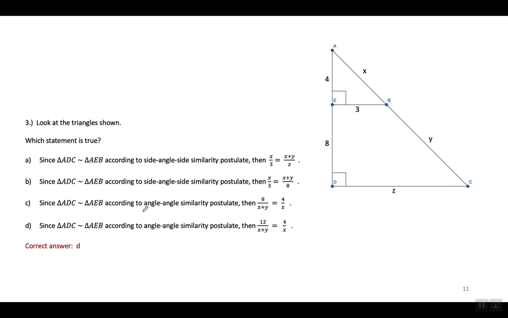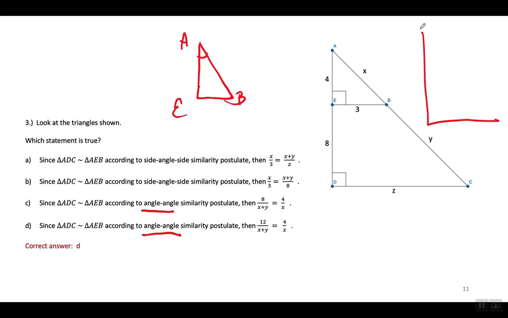So the correct answer is one of the bottom two. Well, we already know the answer, but stay with me here. All right, because we do have angle, we could confirm angle similarity because on the top we have triangle AEB, which has angle A, and the big triangle is triangle ADC, and that also has angle A, and they both have this 90-degree angle.